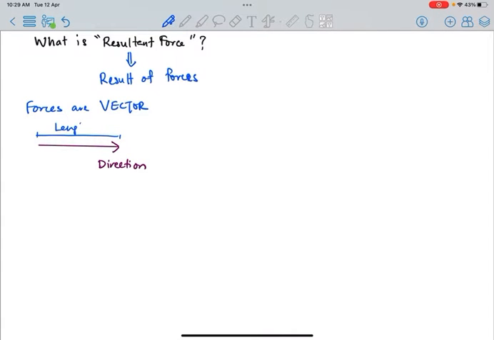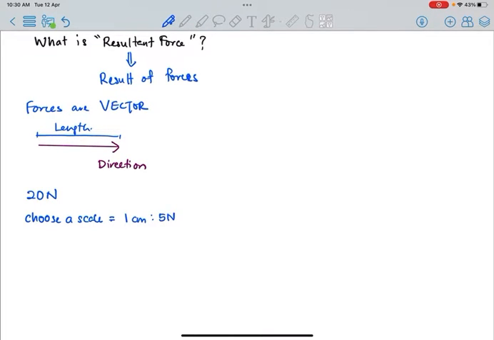For example, let's say we have a force of 20 Newton and we would like to represent it with an arrow and a line. We can choose a scale. Let's say 1 centimeter represents 5 Newton.